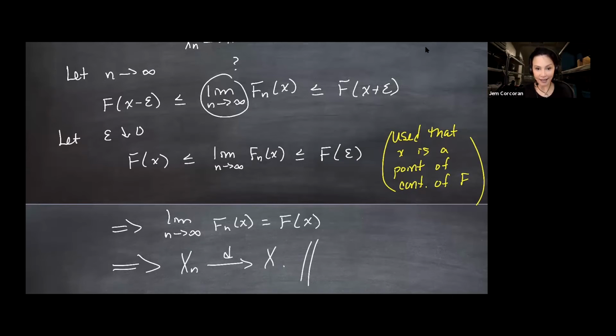Is there anything I can clear up in that proof? Aside from maybe the second bullet, because you'll get it if you know the first bullet. You just have to reason your way through the second one. Awesome. So this theorem was saying that if we have convergence in probability, then we have convergence in distribution, but it's not an if and only if.